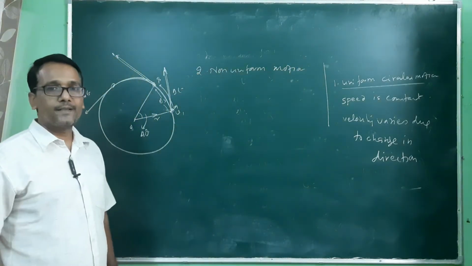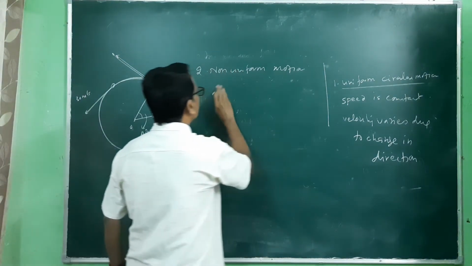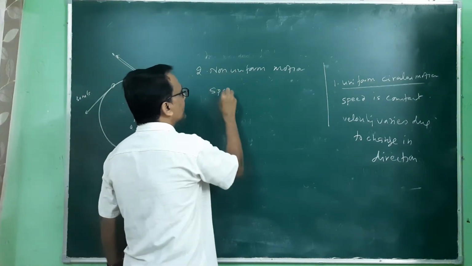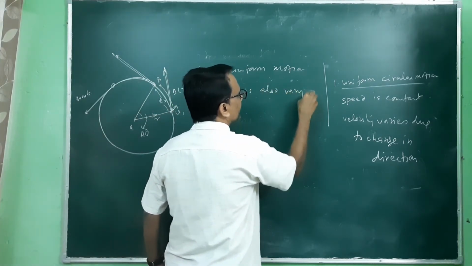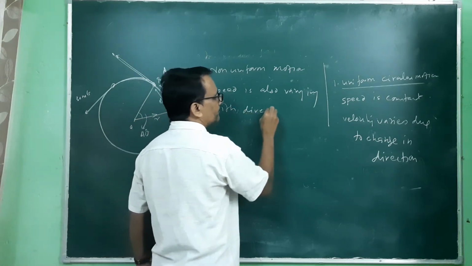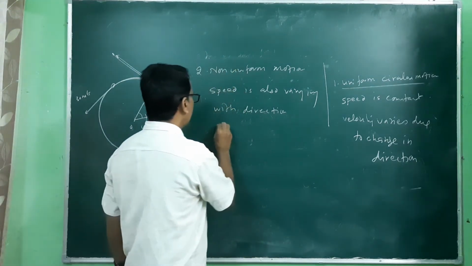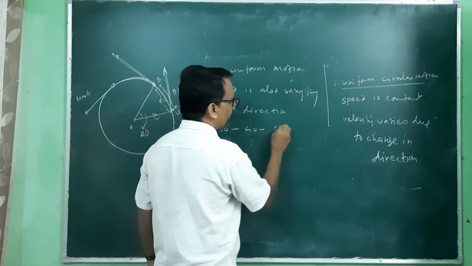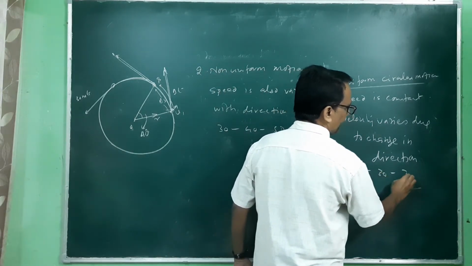So in this case, the speed is also varying with the direction. Constantly it becomes 30 to 40, 40 to 50 meters per second, whereas here it is 30 and 30 at every place.